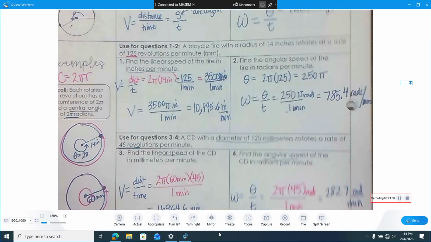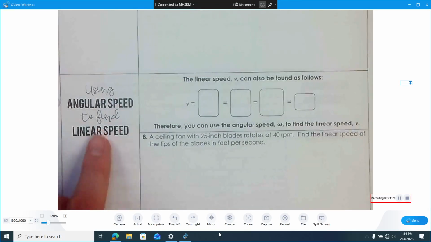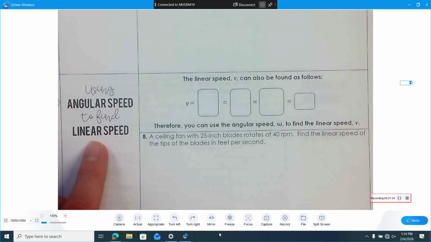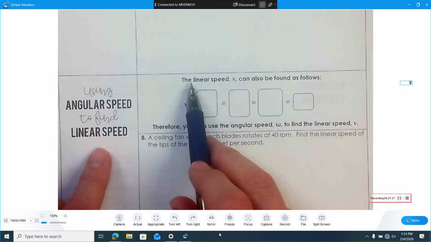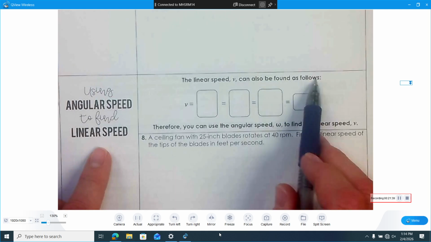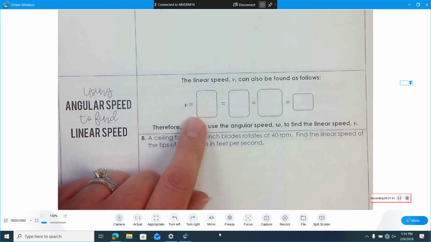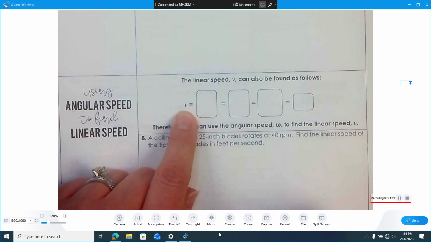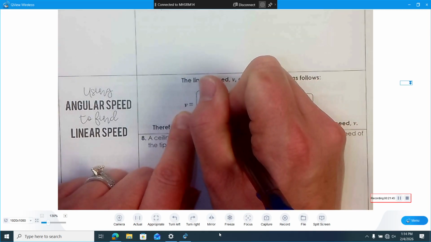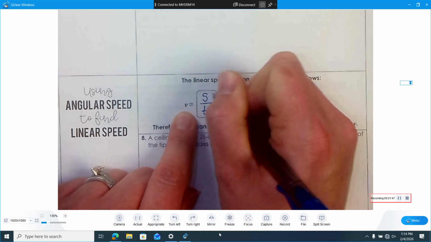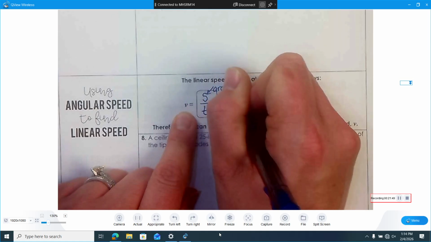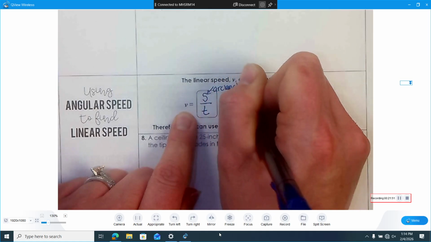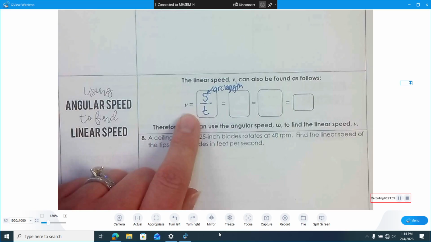Yeah. All right, so angular speed, using angular speed to find linear speed. Now we have an option. Linear speed can also be found as follows. We know that linear speed was the distance over time. Our distance was really arc length, so arc length over time.